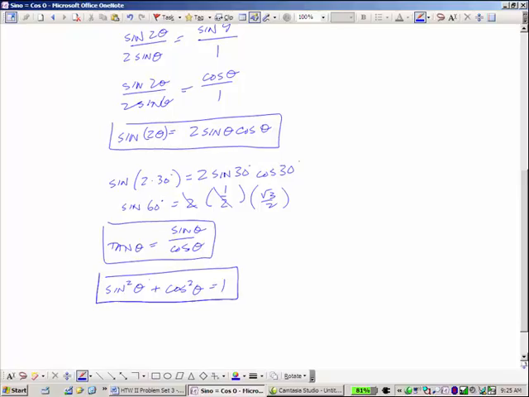A big caution. Many pre-calc students get this sine squared mixed up. Sine squared of an angle is the same as sine of an angle quantity squared. They mean the same thing. It's just a different way of writing it. It's like mathematician shorthand. So if you put the squared by the sine, it's the same as saying sine of theta quantity squared. This is not equal to the sine of theta squared.